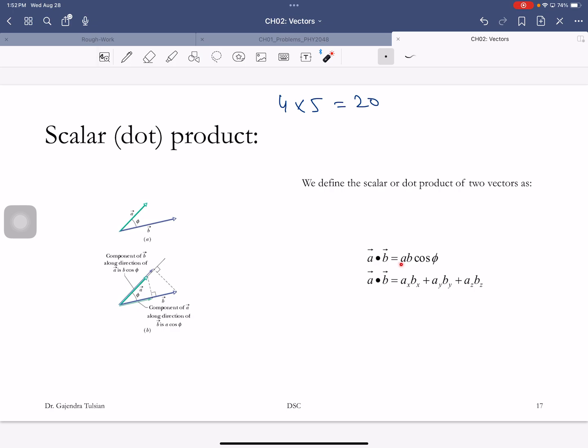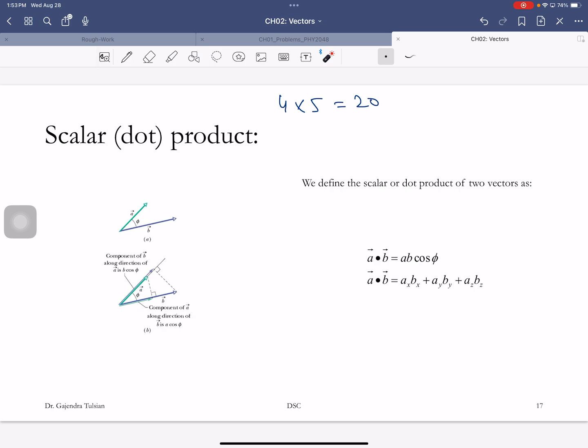That's a scalar times a scalar times a scalar, so the product is a scalar. The dot product can be positive or negative. The maximum value is when theta, or phi, is 0: when they're pointing in the same direction, the dot product is just the product of their magnitudes. When phi is 180 degrees, the dot product has its minimum value.